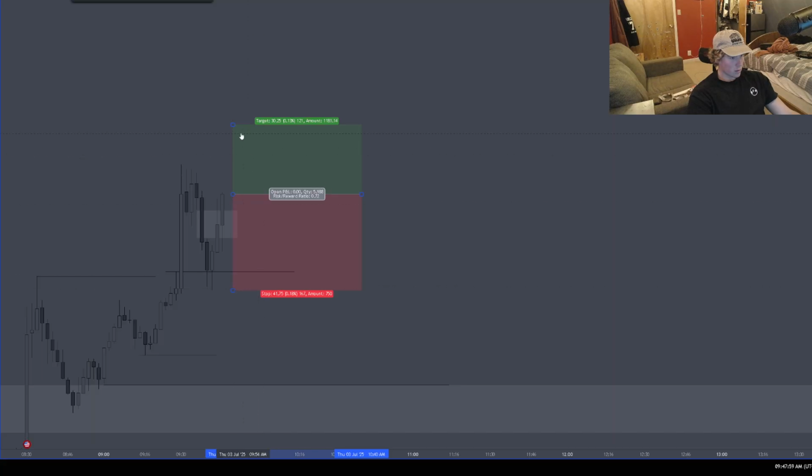1 to 2 risk to reward, so we're gonna go 1 to 2. 2R. We'll go to 1 to 1.5.